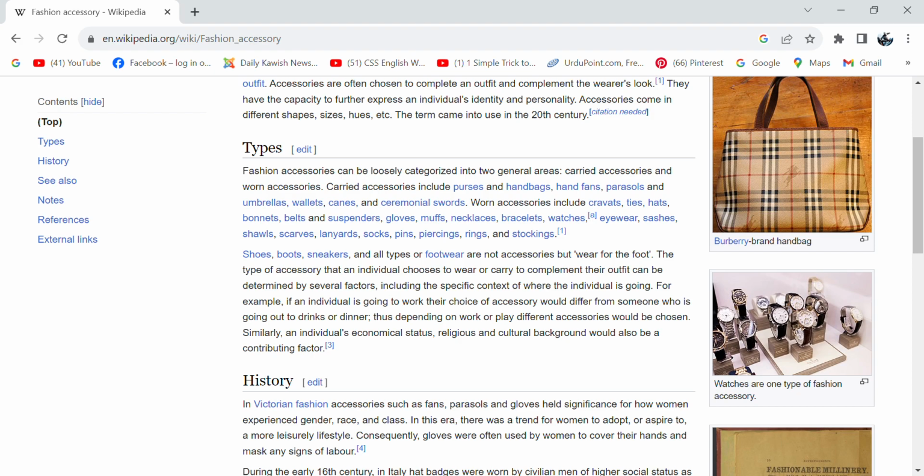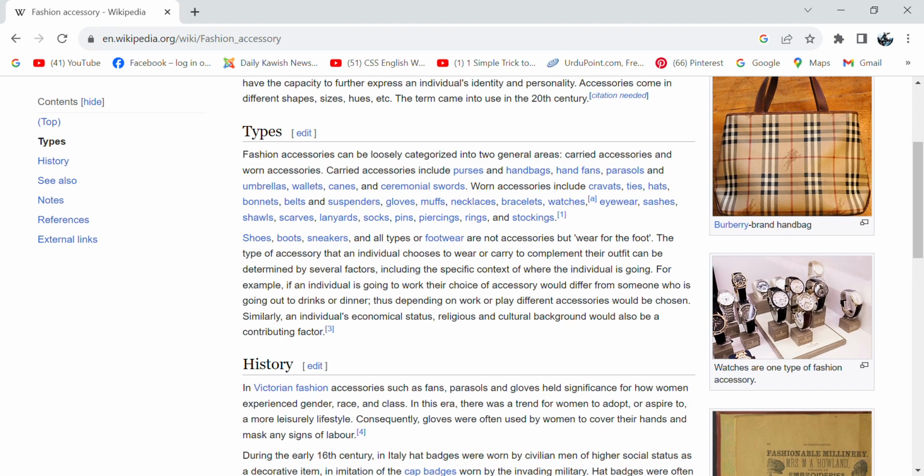Worn accessories include cravats, ties, hats, bonnets, belts, and suspenders, gloves, muffs, necklaces, bracelets, watches, eyewear, sashes, shawls, scarves, lanyards, stocks, pins, piercings, rings, and stockings. Shoes, boots, sneakers, and all types of footwear are not accessories but wear for the foot.